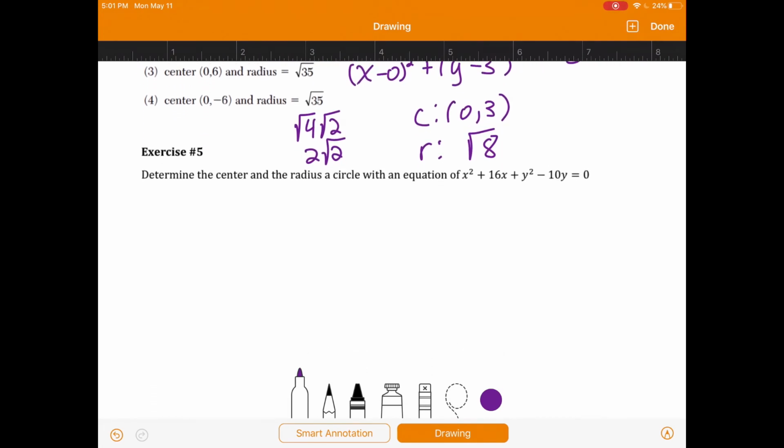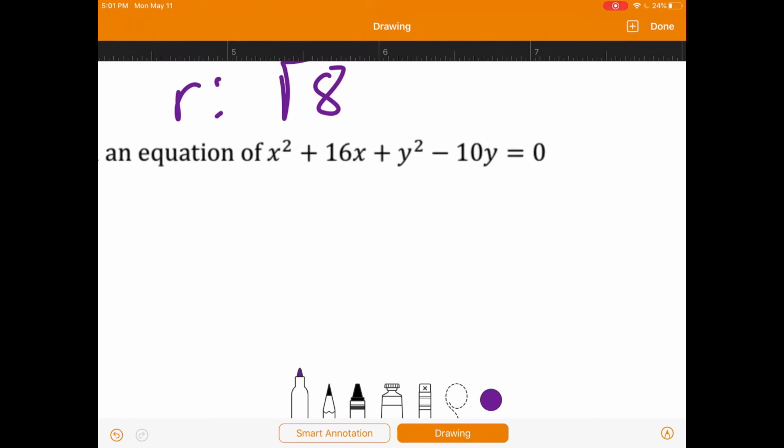And then for the last one, we're going to do the same process again. We're just going to complete the square for both the x's and the y's, and we're going to find the center and the radius. So for this one, we don't have any extra numbers on the end. We just have our x's and we have our y's.